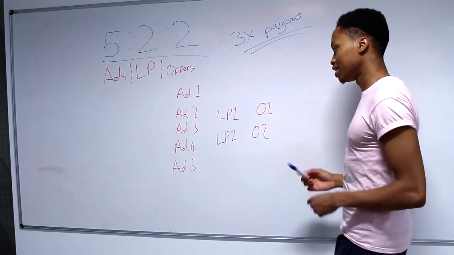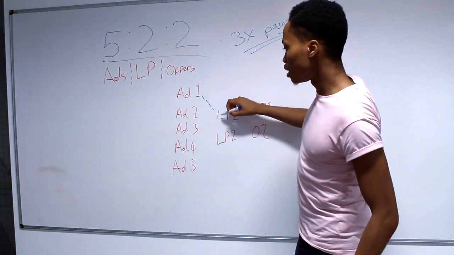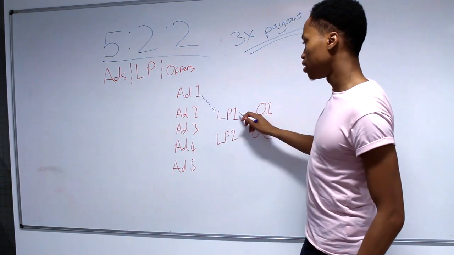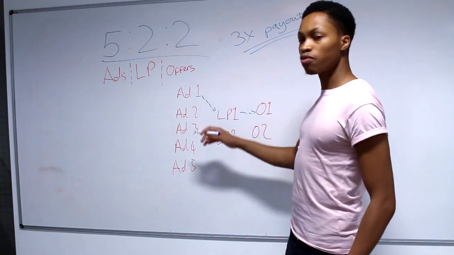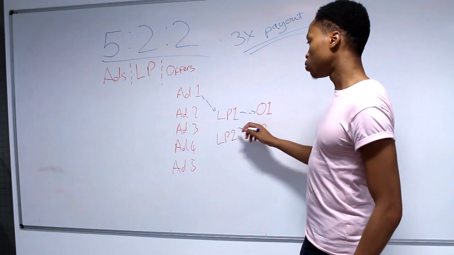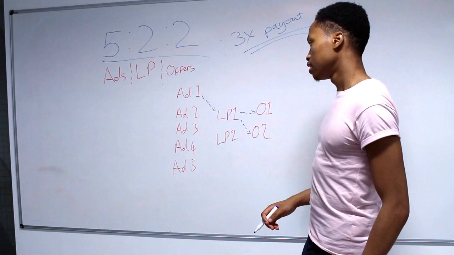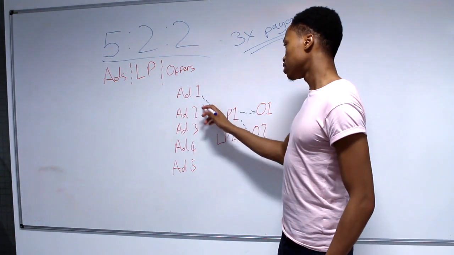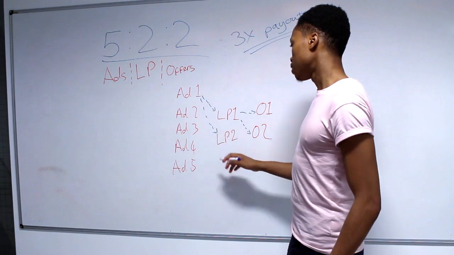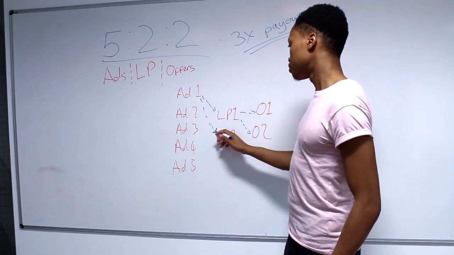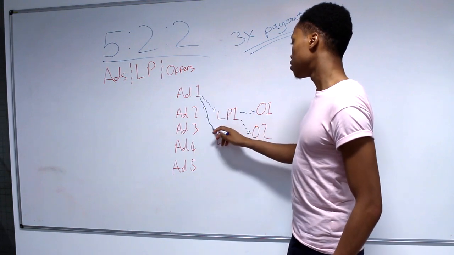Now if we think about this, ad 1 could go to landing page 1, offer 1. This could be one combination that could be profitable or not profitable. It can also go from ad 1 to landing page 1 to offer 2. It can also go to ad 1 to landing page 2. Let's color this real quick to make sure it's a bit different.